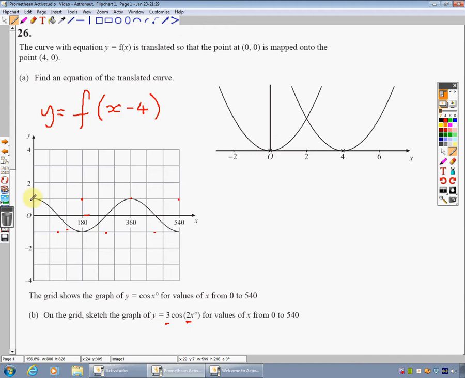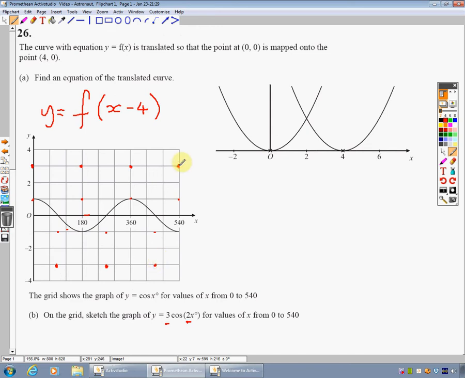I'm still going to start here at 0, and then we're outside of my bracket for this 3, and it's happening how we'd expect. It's stretching our y direction 3 times. Instead of it going to 1, it's going to go up to 3. And instead of it coming to minus 1 here, it's going to go to minus 3: up to 3, down to minus 3, up to 3, down to minus 3, and then up to 3.